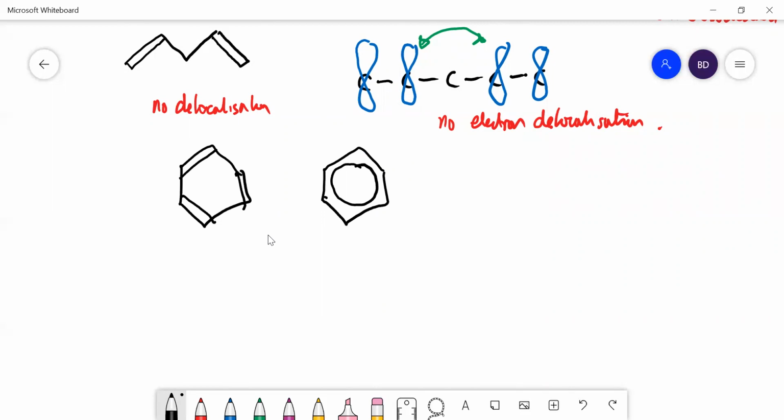And it is a lot more stable than you would expect it to be. That means it's less reactive than you'd expect, and that's what we're going to talk about in the next video. But for the time being, just get this idea: whenever you have alternate double and single bonds, you have stabilization and you get electron delocalization.